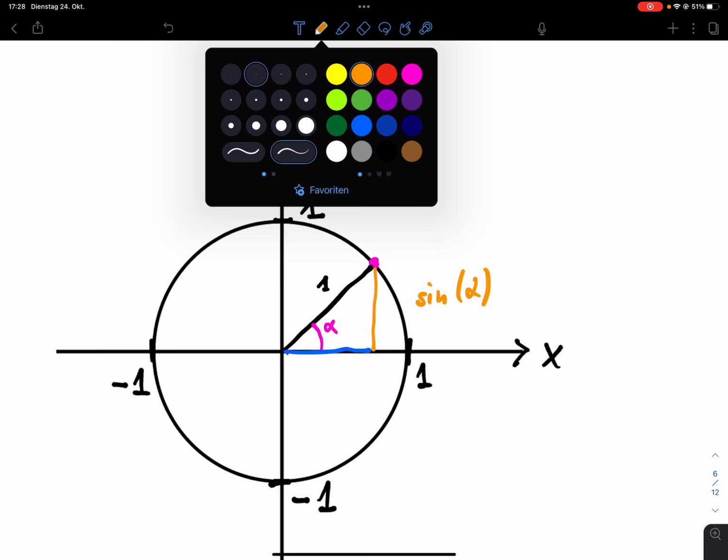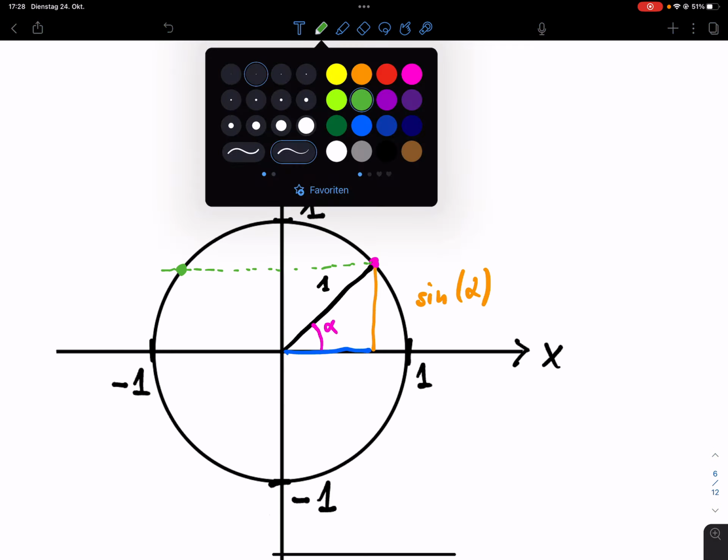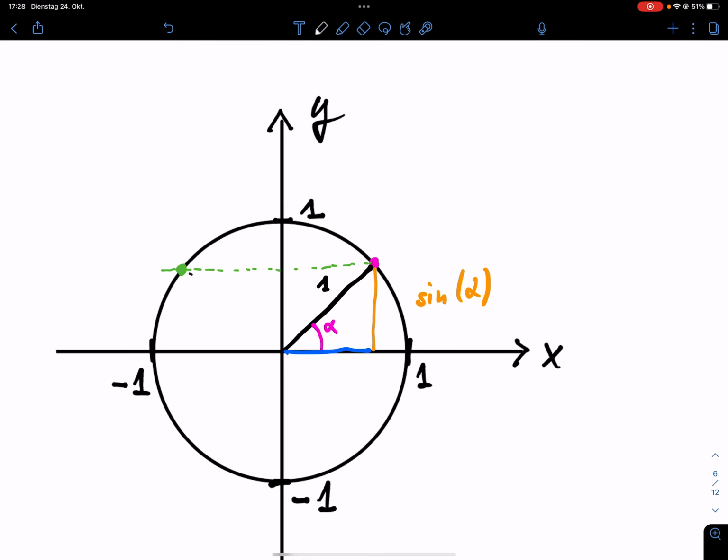And yes, there is. What you can do is just do a horizontal line and go over to here. And then this produces another point. And I do exactly the same unit circle construction here, like this. Again, 1. And now this here has the same orange height.